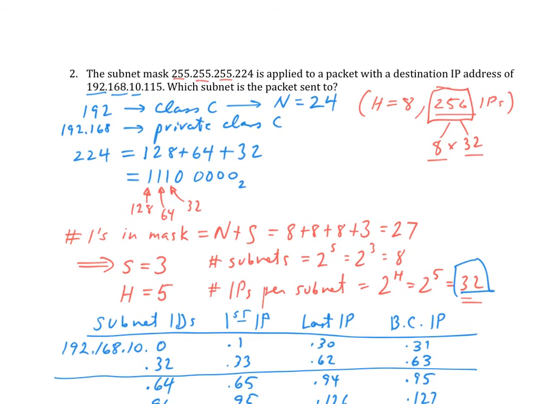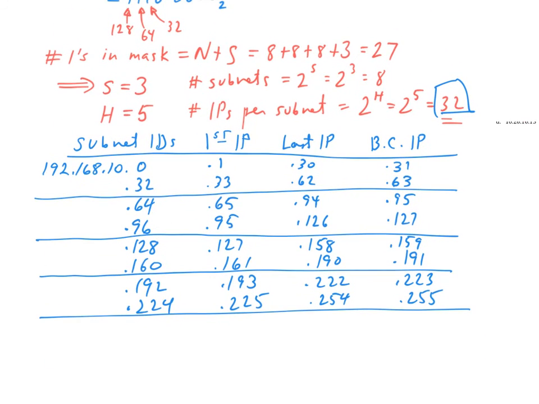Now we can look at this list of the subnets that we've created. These are all the subnets in 192.168.10, and 115 is in one of these. Let's see, 115 is in the range from 97 to 126. So 115 is here.